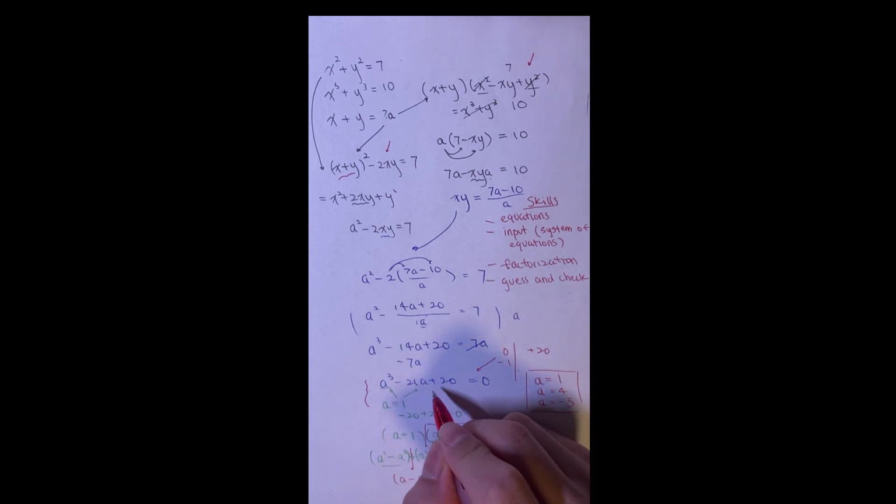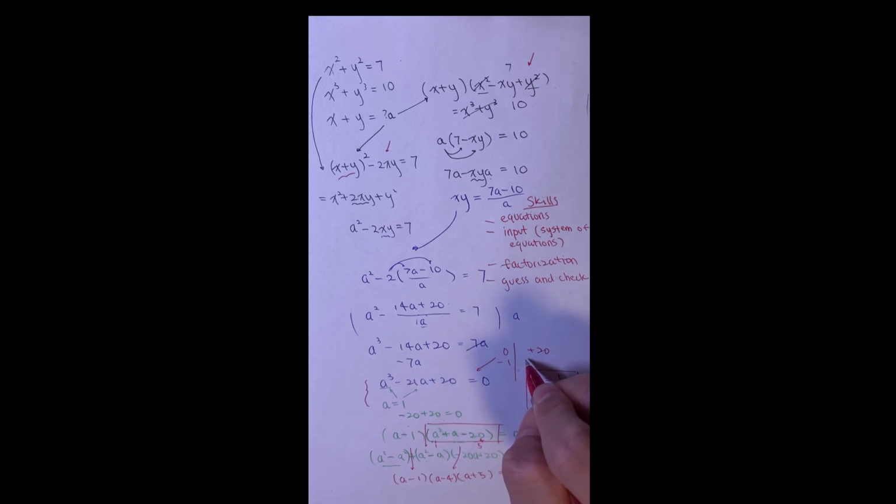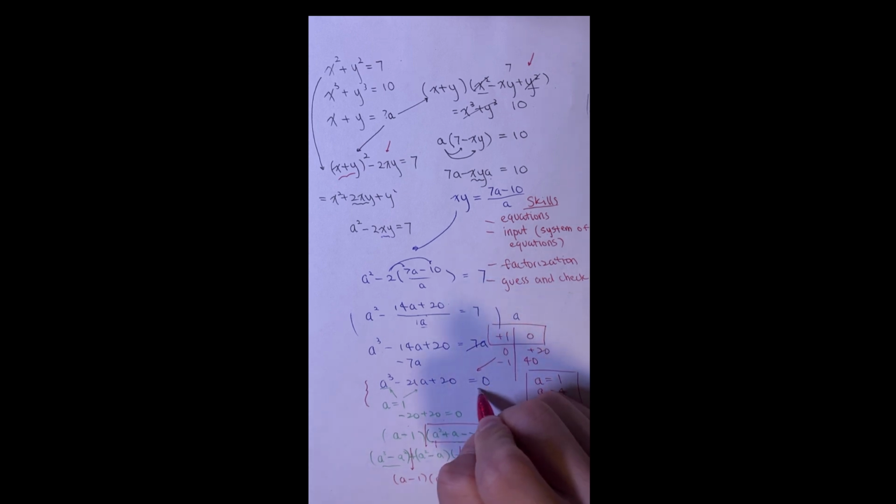Negative 1 gives 40, I believe. And then positive 1, does this work? Well, it turns out it does work. It gives us 0. So we can continue on with that until we get to 1, where it does indeed equal 0. So that is another skill we learned.